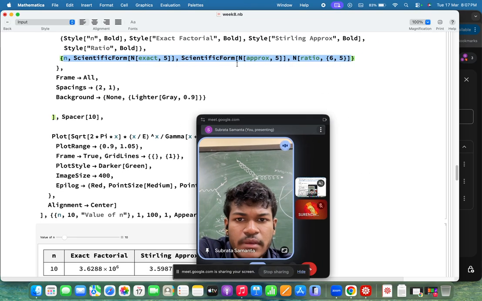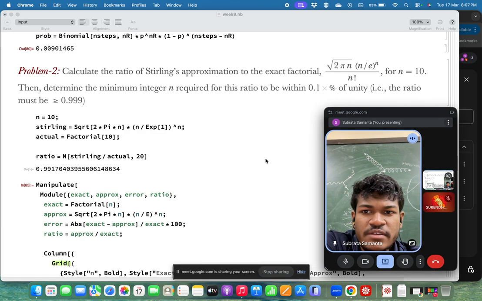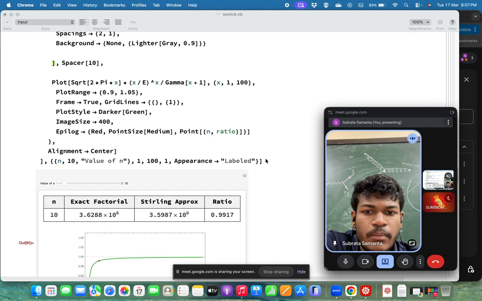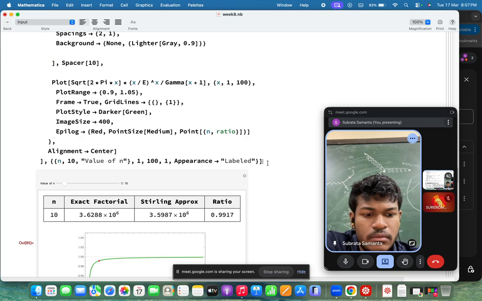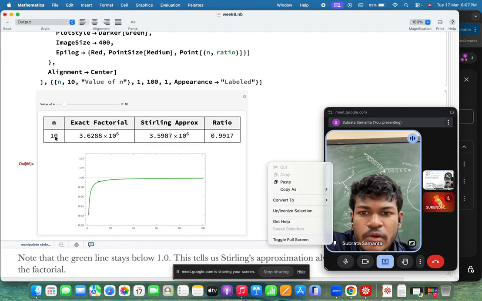I think my screen is visible. So, if you do this Stirling approximation and make a plot of this ratio, you see that for n equals 10, your exact factorial is 3.6288 times 10 to the power 6, but the Stirling approximation gives you 3.5987. So, your ratio is 0.9917, that we calculated before.